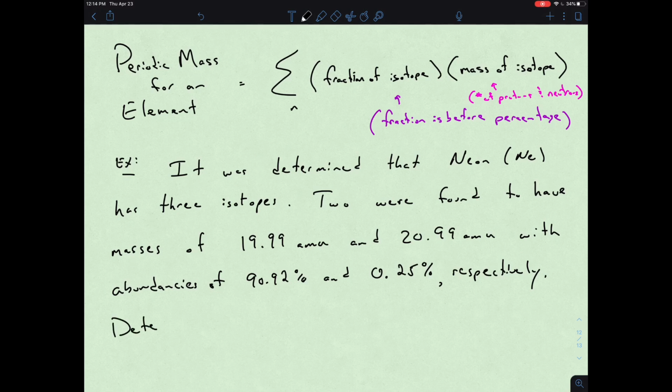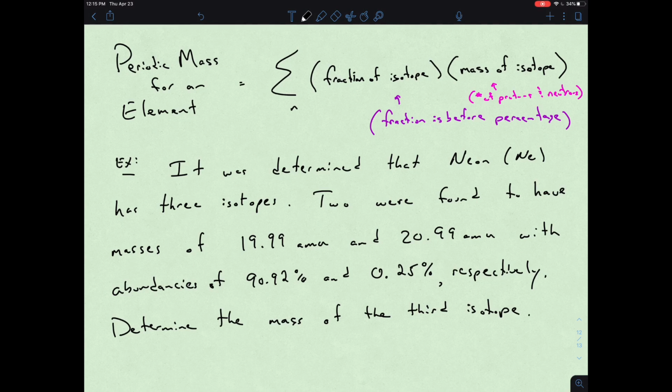Determine the mass of the third isotope.